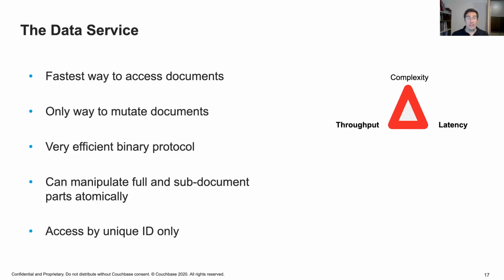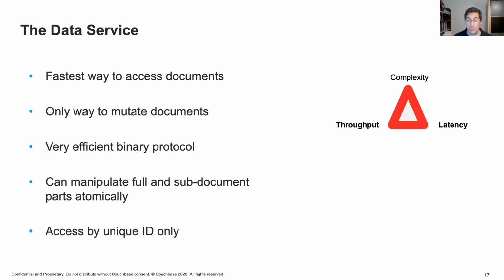So let's start with the data service. The data service really focuses on high throughput and low latency. It's the fastest way to access documents in Couchbase Server by far. And I'm saying this because even when you go to analytics or you go to N1QL or search, those services also ultimately get fed with data through the KV service.